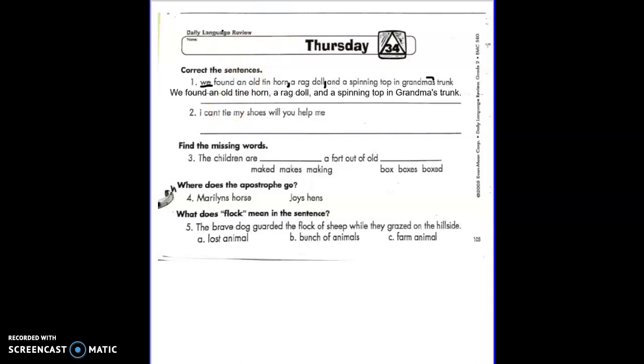Alright, next sentence. I can't tie my shoes. Will you help me? "I" needs to be capitalized. Apostrophe after the N. Tie my shoes. So you can either do this as a comma, and then "will you help me?" question mark, or you can do this as a period and then a new sentence.